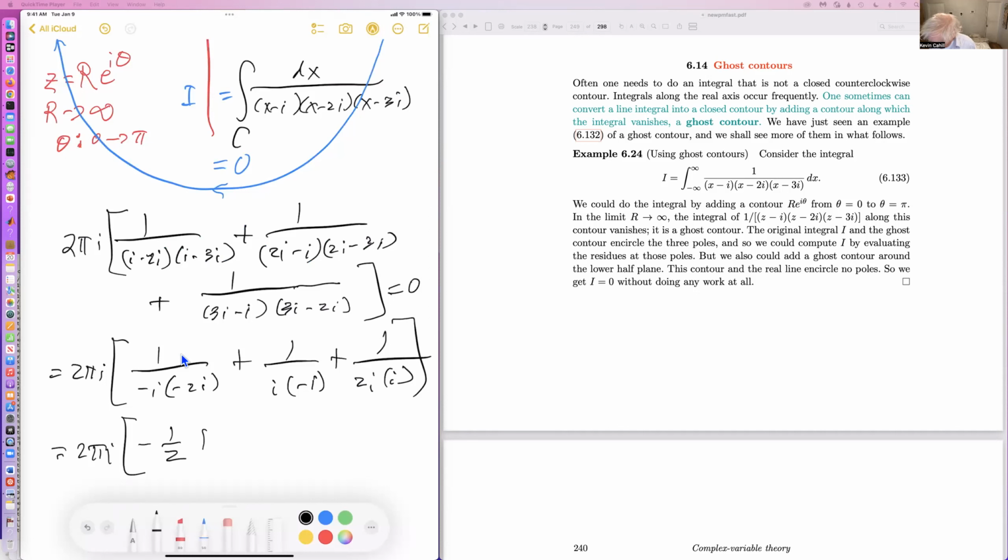The next one is plus 1, and the one over here is minus 1/2. And indeed, you see we do get 0.